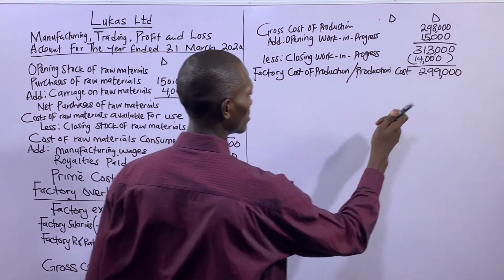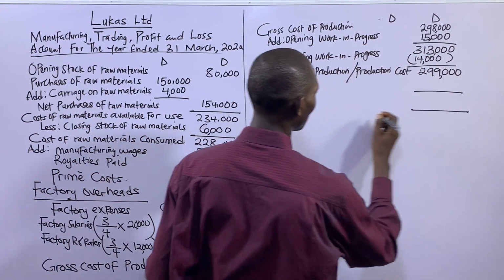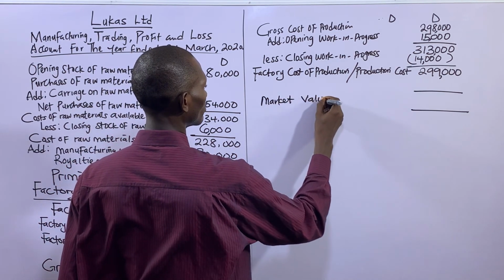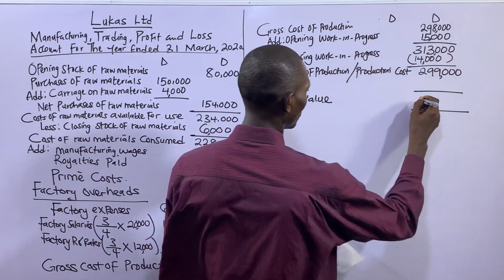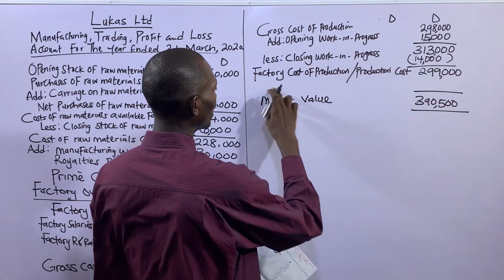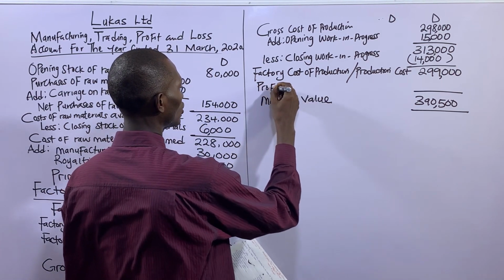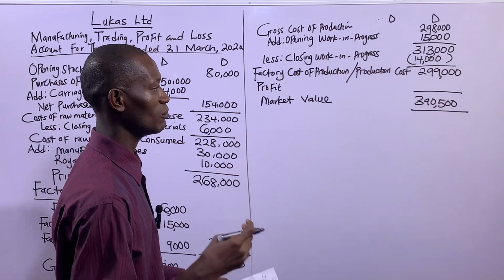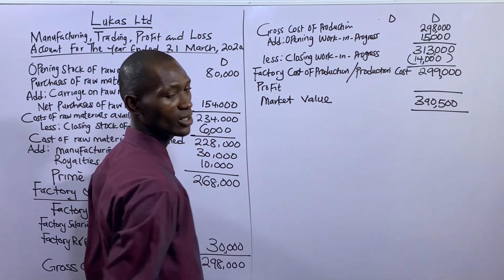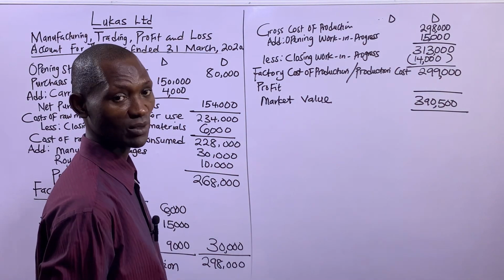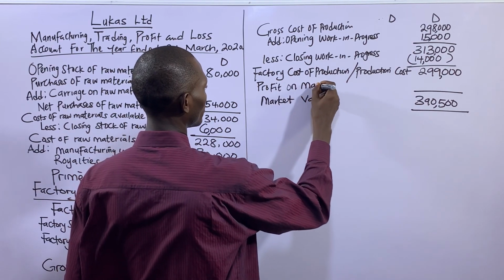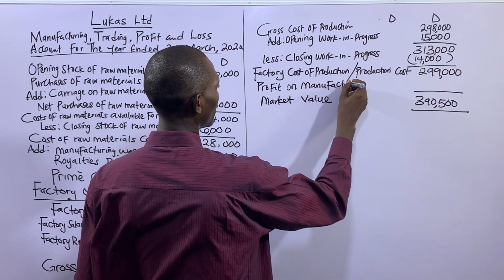So let's leave a space, just like we did. So these are market value. The market value given in the question is 390,500. To get our profit element, you will not be told to get it. But how do you know that there is a profit element? As long as your market value is greater than your cost of production, you are going to be having profit on manufacturing.